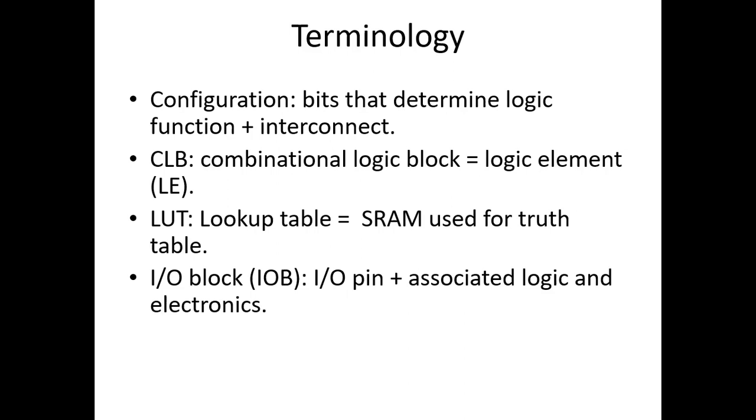Then another terminology is the IO block. We are familiar with this term IO block from the last picture. So what about this IO block? The IO block is associated with the IO pin, input output pin, with associated logic and electronics. Because you know, in every electronics device, when we move from somewhere to somewhere, static electricity is automatically generated.